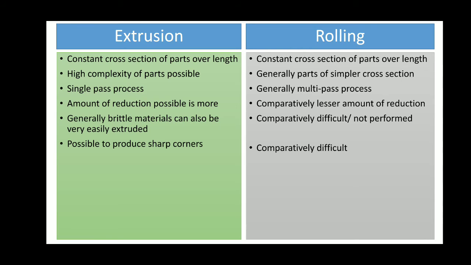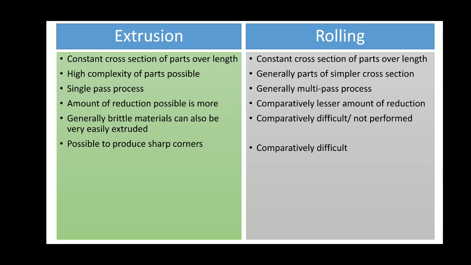Extrusion is a single press process. Once you apply the compressive force through the ram, and the work material comes out through the die opening, the process is over and you get the required cross section. But rolling is generally a multi-pass process.